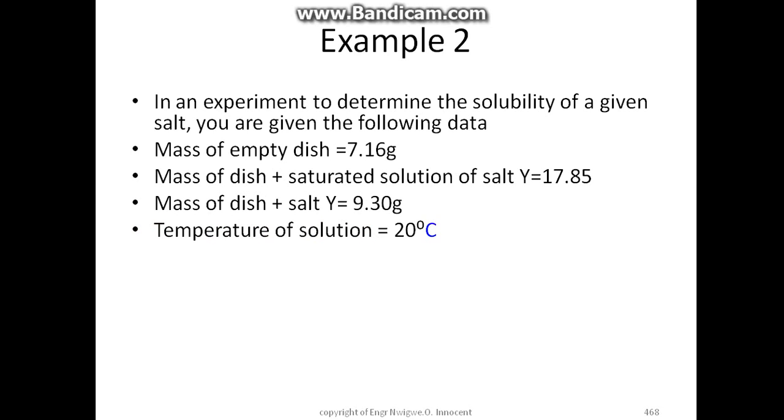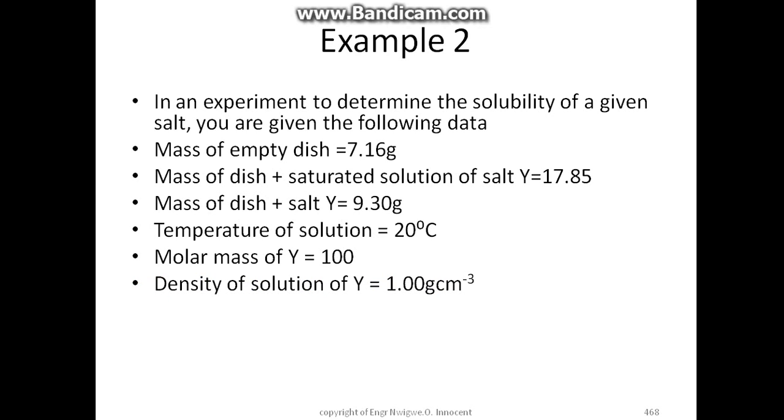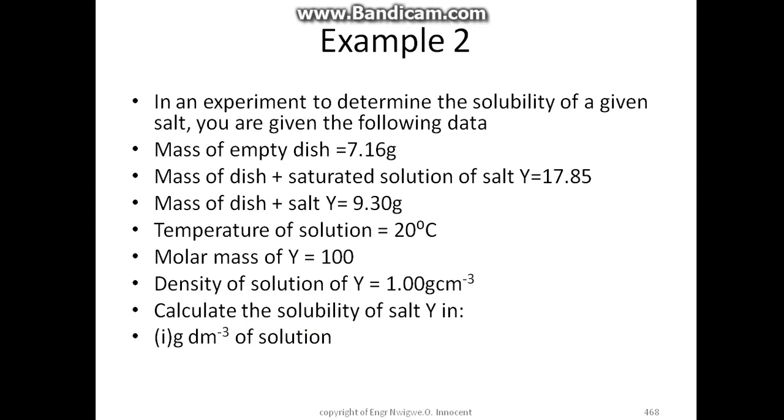Temperature of solution equals 20 degrees centigrade. Molar mass of Y equals 1000. Density of solution of Y equals 1.00 gram per cm cube. Calculate the solubility of salt Y in (i) gram per dm cube of solution, (ii) mole per dm cube of solution.